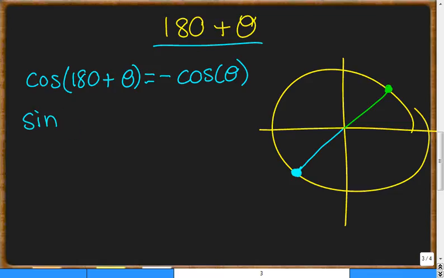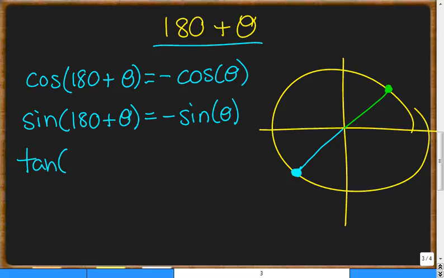The sine of 180 plus theta is also the opposite. It is the same distance below that the other one was above in that same quadrant. So this is negative sine of theta. Now what about the tangent? The tangent of 180 plus theta, this one's interesting. It's on the other side of the circle, but it actually has the same slope as the other line that it connects to, because they're cutting right through the circle.